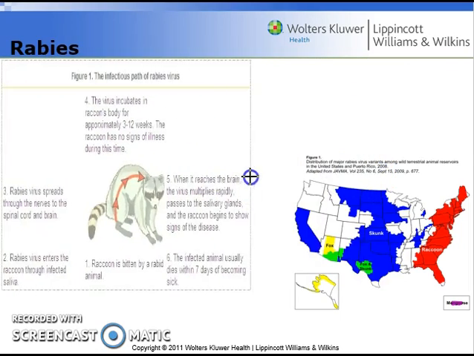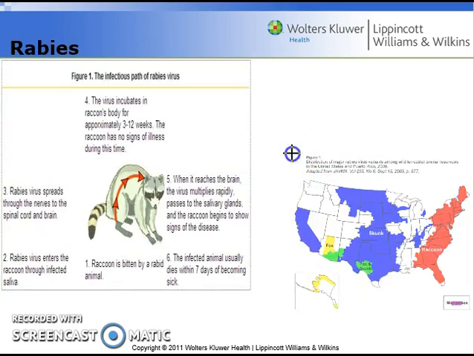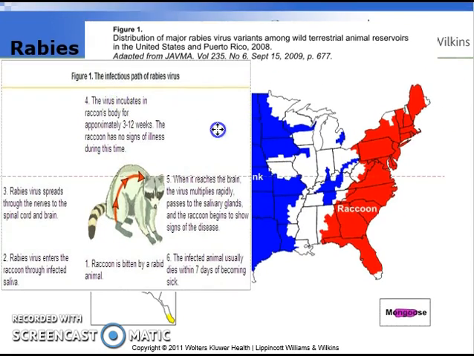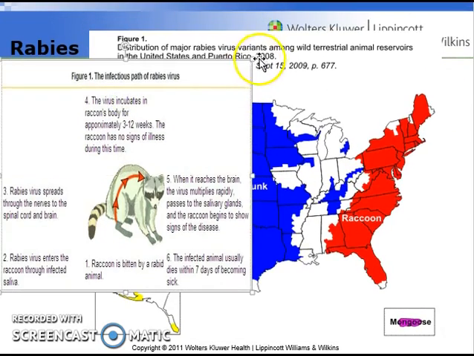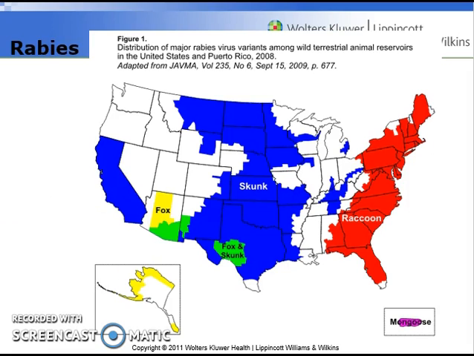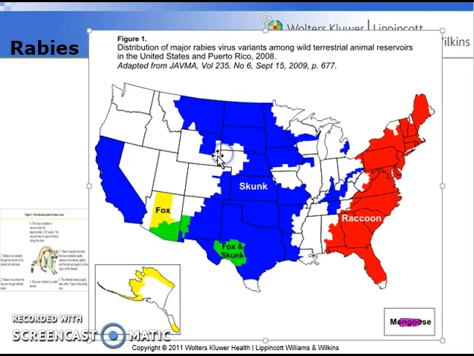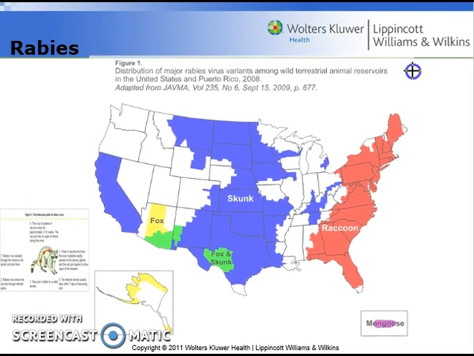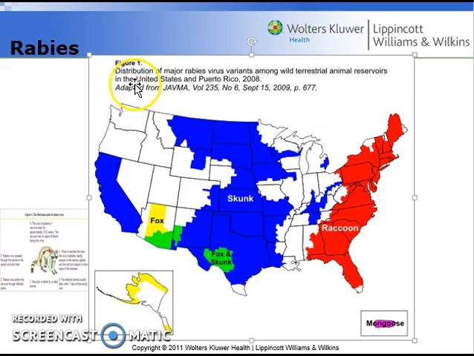This diagram marks the distribution of where the virus has been observed. So this is a distribution of major rabies virus variants among wild terrestrial animal reservoirs.